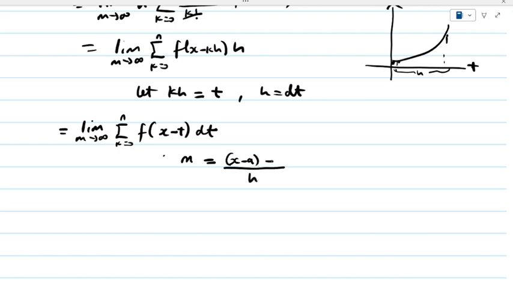So we can actually include the lower limit 0 here, where b minus a, our a equals 0 and our b equals x minus a. So we plug that in here. We are going to have the integral from 0 to x minus a of f of x minus t dt. This is the integral when alpha equals 1.